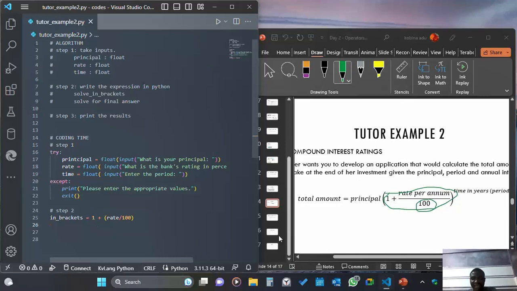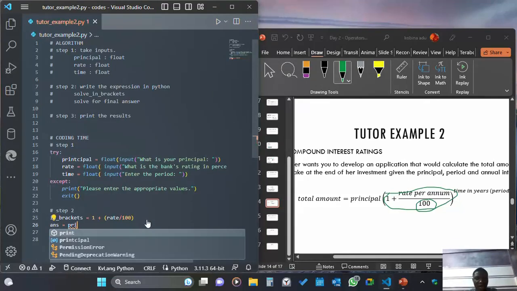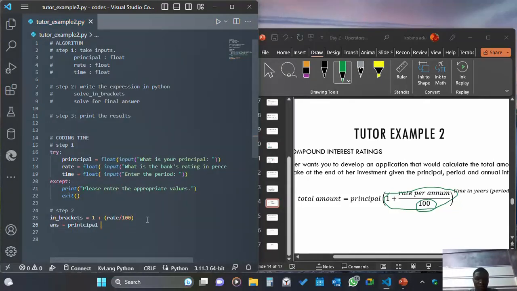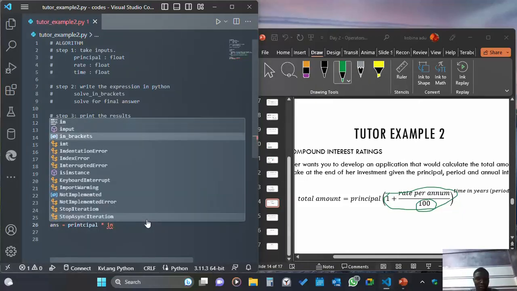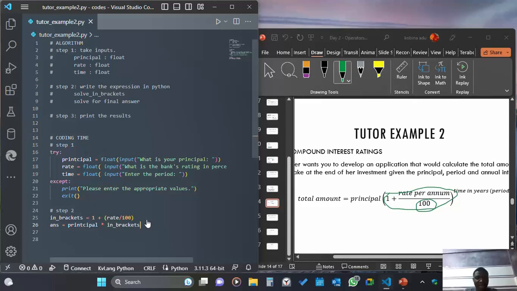Okay, then the next thing is to multiply the one in brackets by the principal and raise the one in brackets to a power. So let's say our answer will now be the principal times the in bracket, and the bracket is raised to the power asterisk what?